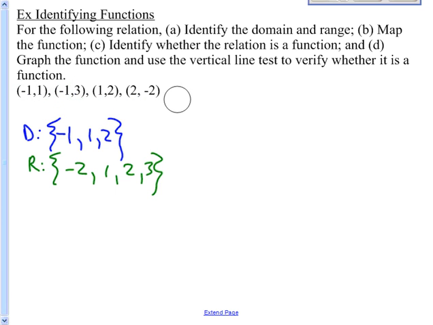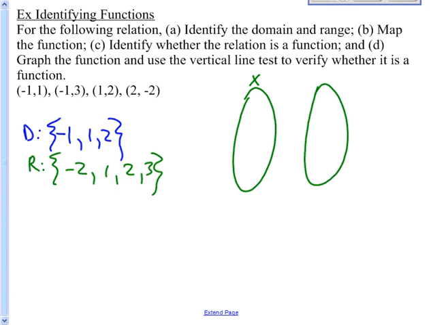Okay. Part B, let's map this function. So let's do a mapping here. Let x be our inputs, y's our outputs. And it looks like we have this mapping from -1, the ordered pair goes to 1. Okay, and then -1 also goes to 3, that second ordered pair there.